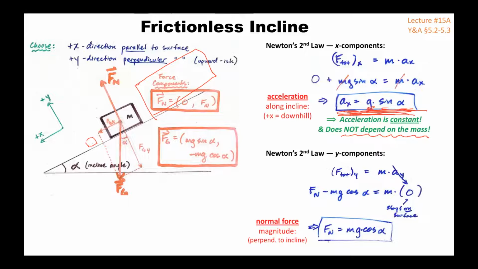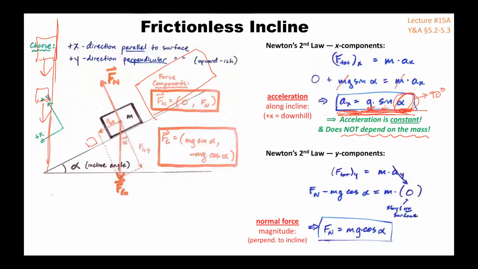right? Galileo already discovered and asserted this was true for objects that were simply falling straight down. Well, free fall straight down through space is just the equivalent of an angle alpha equal to 90. So when alpha goes to 90 degrees, which would be an incline so steep it's basically a vertical wall, and we just drop some objects and they all descend next to the wall, sine of 90 degrees is just equal to 1.